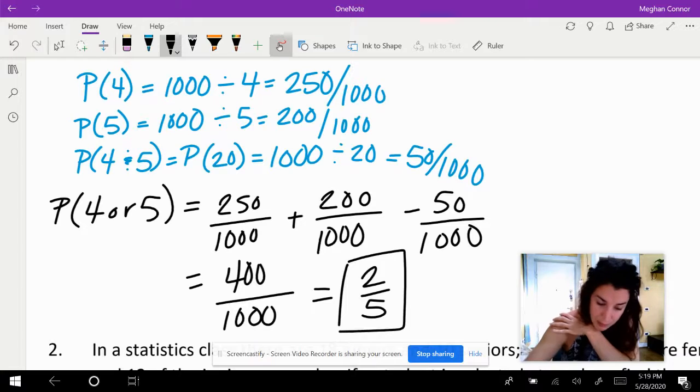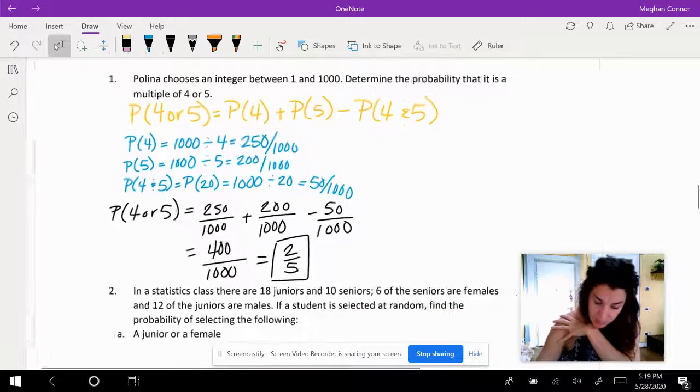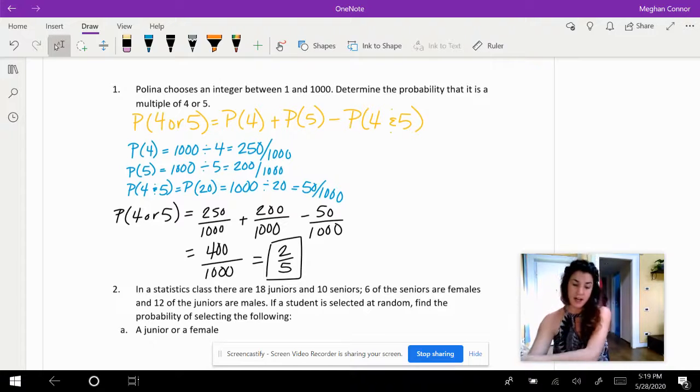So it's a 40% probability, or 2/5 probability, that the integer chosen at random is going to be either a multiple of 4 or a multiple of 5.